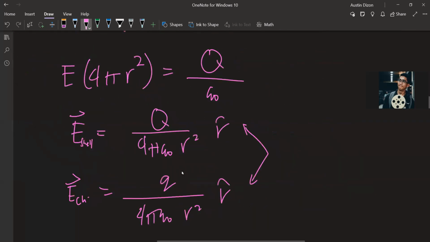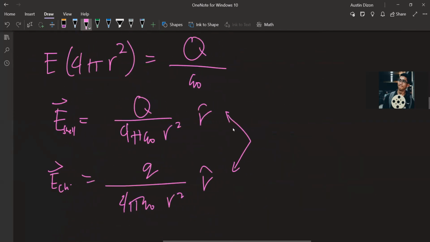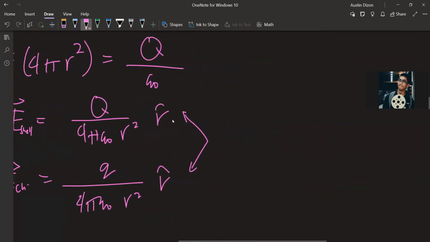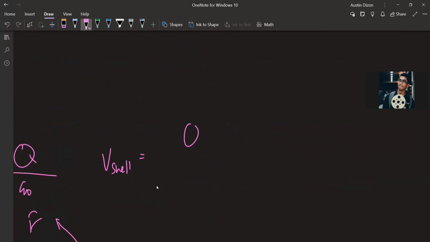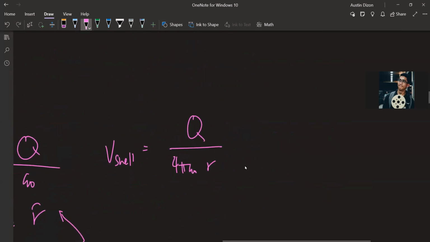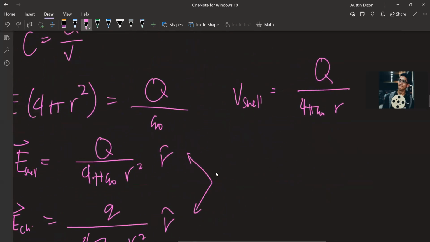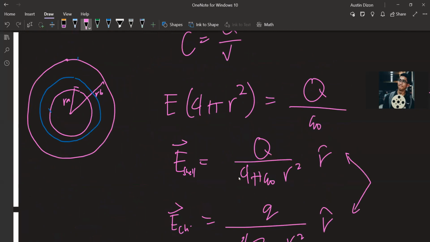So in essence, I could say that my shell potential is Q over 4 pi epsilon naught r. But I invite you to solve it from here.